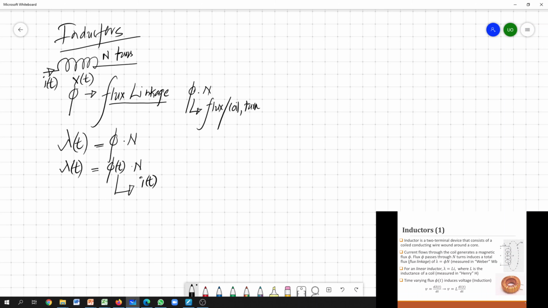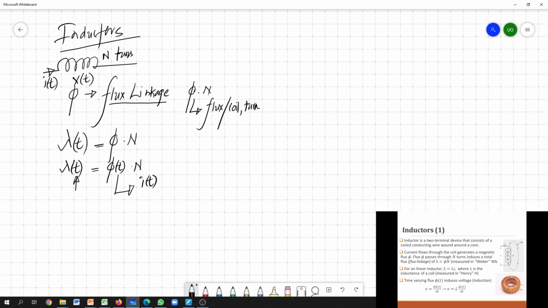This flux depends on the current we feed to the inductor, so the total flux linkage is again a time dependent variable. The total flux linkage is the flux per turn times the number of turns.